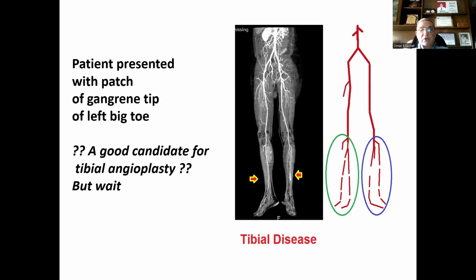And so it is a good candidate for tibial angioplasty. This young patient, with a patch of gangrene at the tip of left big toe, CTA: severe tibial disease, which is sketched here, which may be considered a good candidate for tibial angioplasty.